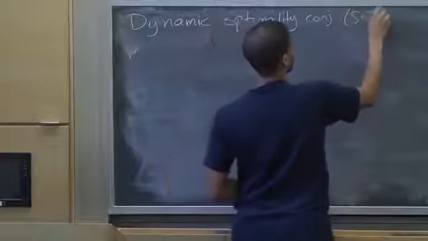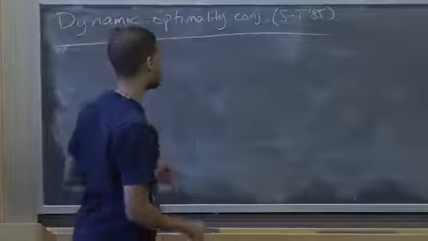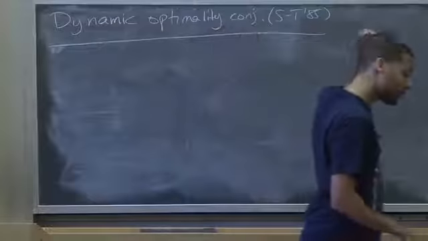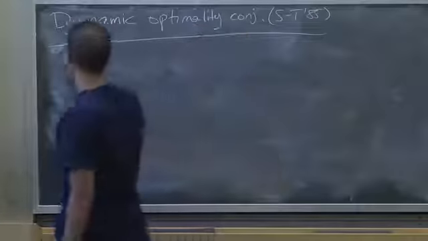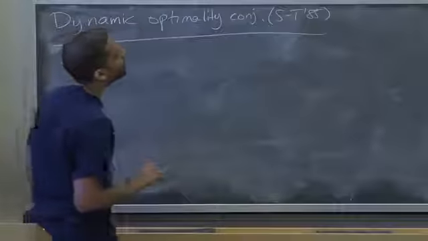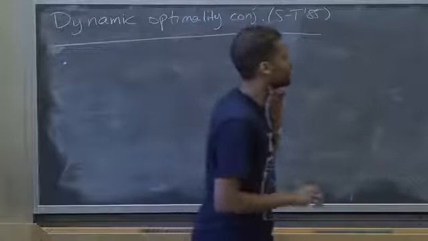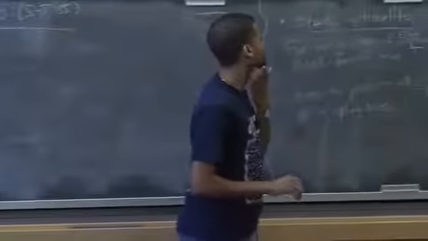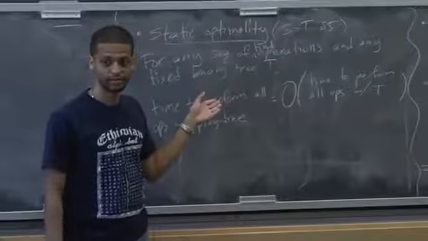This was in the original paper itself. And it's been open ever since, which I guess is almost 30 years now. So what does it say? OK, with static optimality, we're just comparing to a fixed tree.